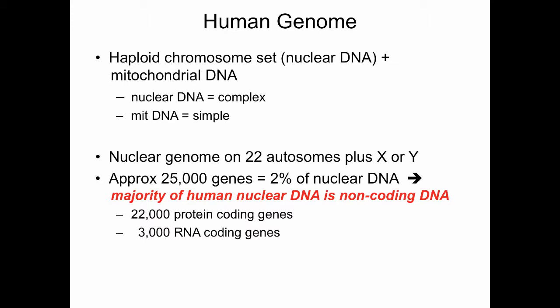That constitutes about 2% of our nuclear DNA. The majority of our nuclear DNA is considered non-coding DNA. Of the 25,000 genes, there are perhaps 22,000 protein coding genes and maybe about 3,000 RNA coding genes.